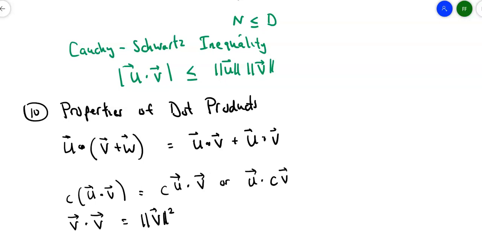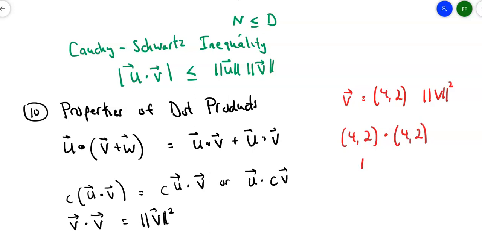So for example, suppose I've got this vector 4, 2, and I want to find the magnitude of the vector squared. I could do the dot product of 4, 2 dot 4, 2. 4 times 4 is 16. 2 times 2 is 4. That'll give me 20.